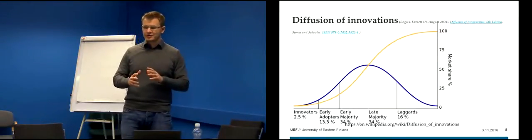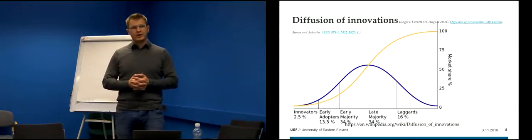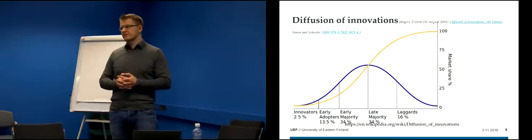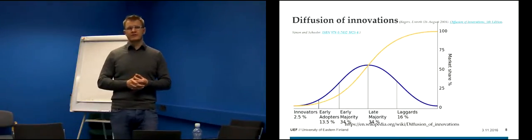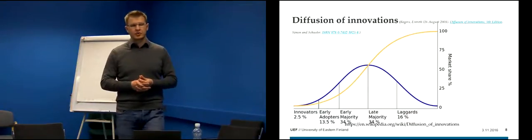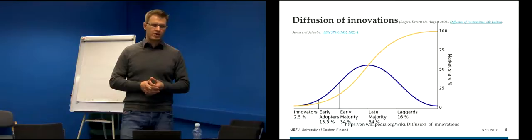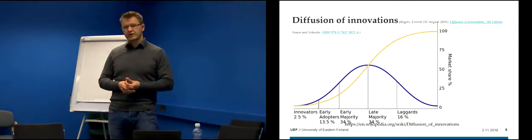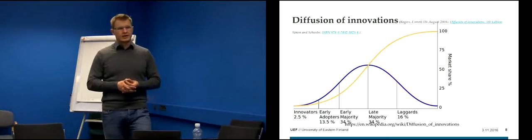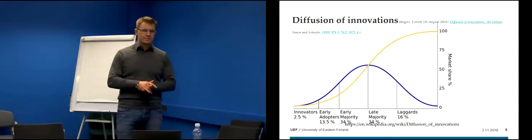It's really common with technology, new mobile phones and such, that the price drops quite fast. After a few months of a new mobile phone coming to the market, its price will probably drop. And then typically that says that it's now ready for early adopters and early majority to start using it. And when the price drops, more and more people start buying it and adopting the technology to the society.